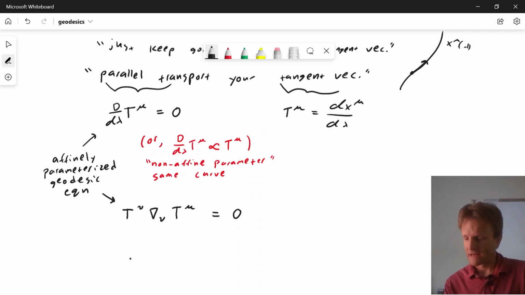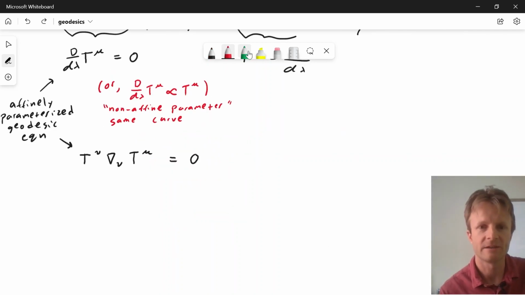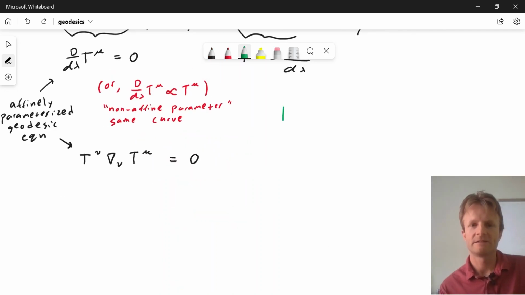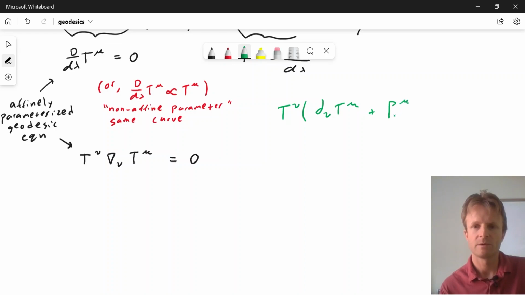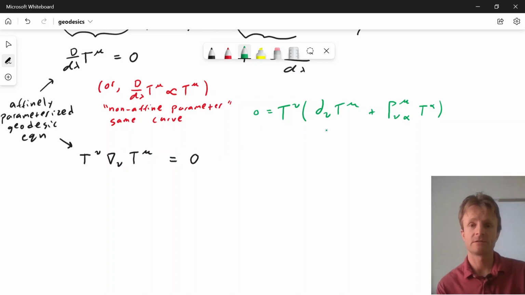Or you could write it out again in coordinates. So let's do the calculation over here in green. So we're going to write t^nu, and we have del nu of t^mu. So it'll be del nu t^mu plus Christoffel symbol mu nu alpha t^alpha. So now I've just expanded the covariant derivative.